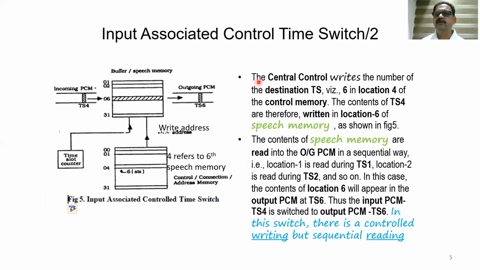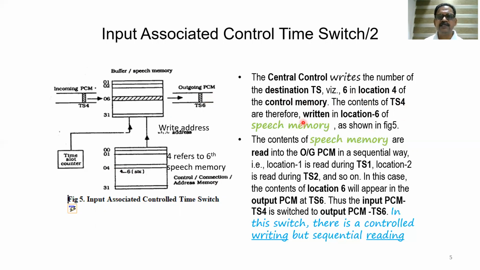The central control writes the number of the destination time slot, which is TS6, in location 4 of the control memory. So in this control memory 4th location, a reference is given to time slot 6 of the outgoing PCM.